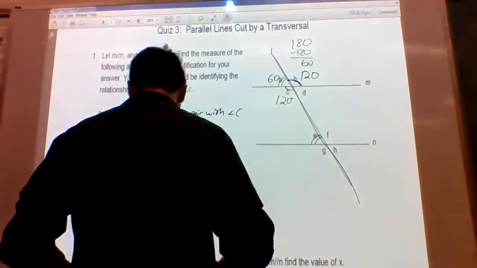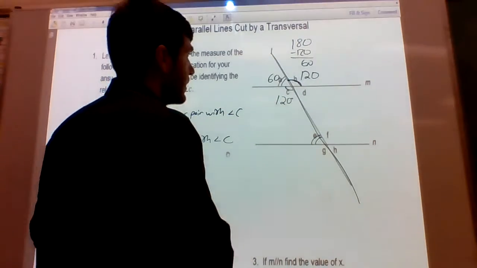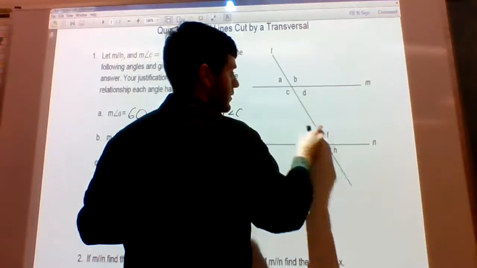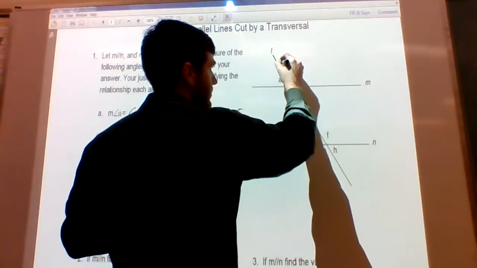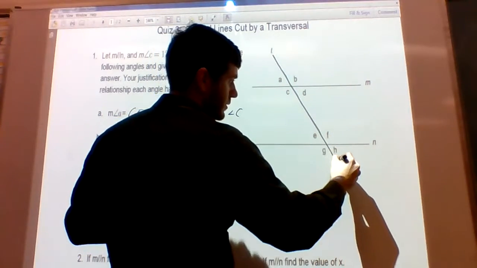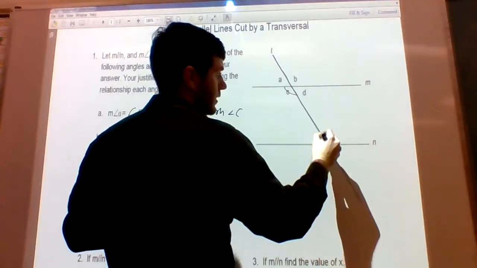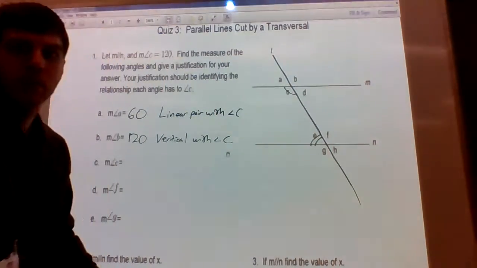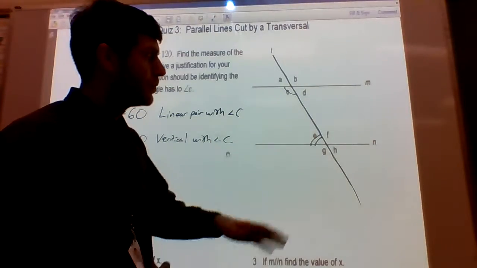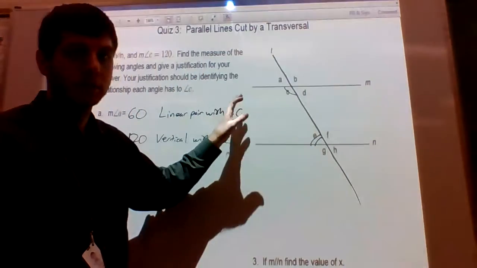Let me clean everything off. All right, here's our transversal, T. And follow the line as closely as I can. Here's angle C, and here's angle E. They are both on this side of the transversal, as opposed to this side, the same side.